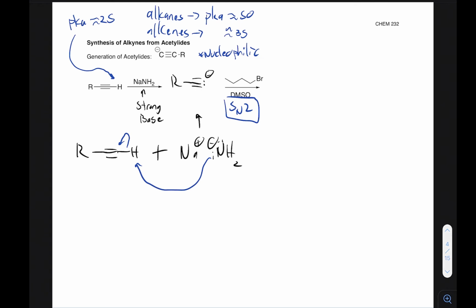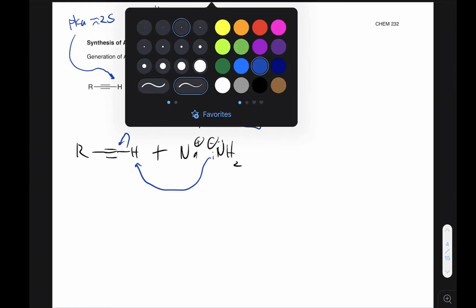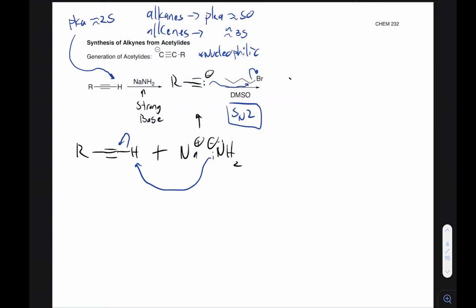We have our polar aprotic solvent, DMSO, and then we have our primary halide here, with this bromine on that primary carbon, which is great for this nucleophilic attack. And so for the mechanism for that, we have our lone pair on our conjugate base, this nucleophile, come in, do this backside attack and have bromine leave as the leaving group.